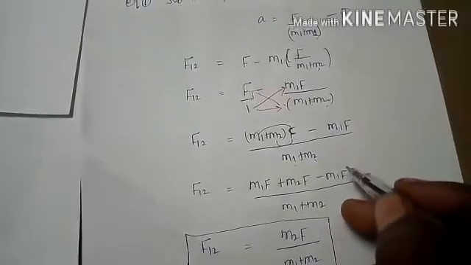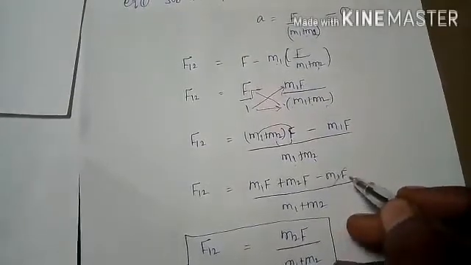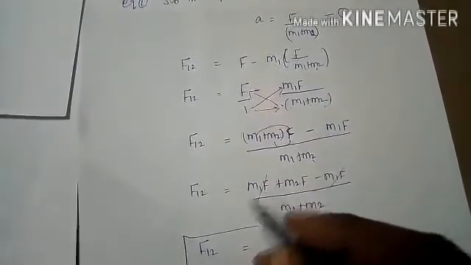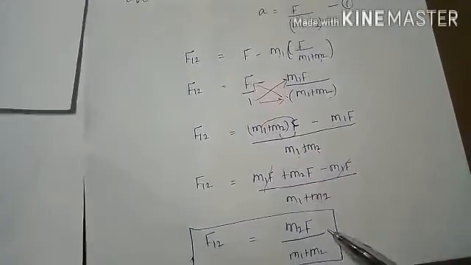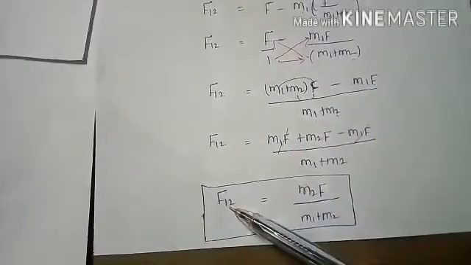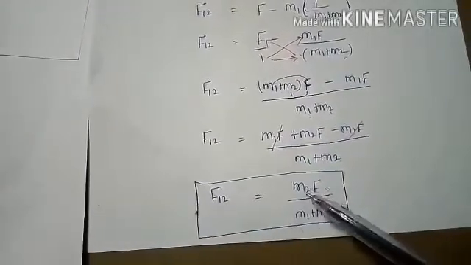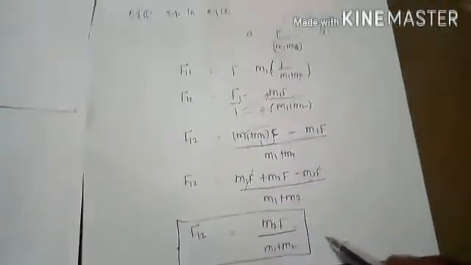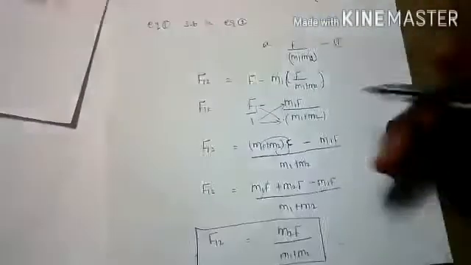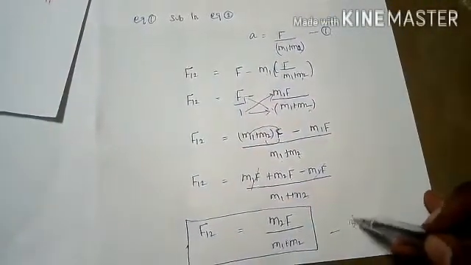The m1 F terms cancel, and finally we get the result m2 F divided by m1 plus m2. So this is the magnitude of the force F12, m2 F divided by m1 plus m2. This is equation number 3.